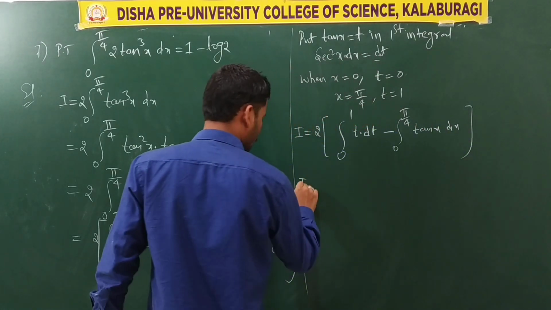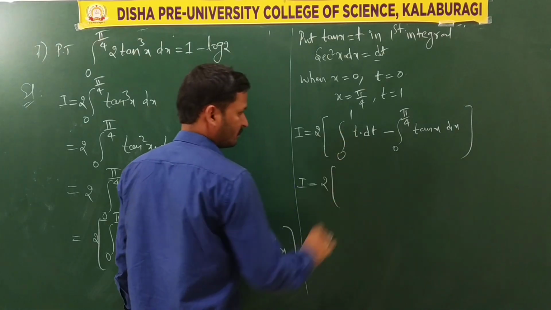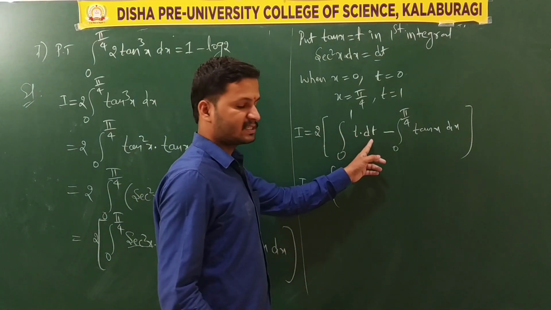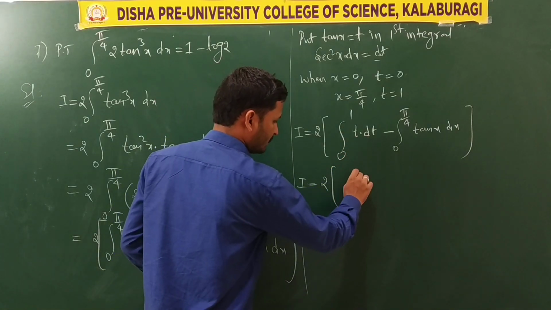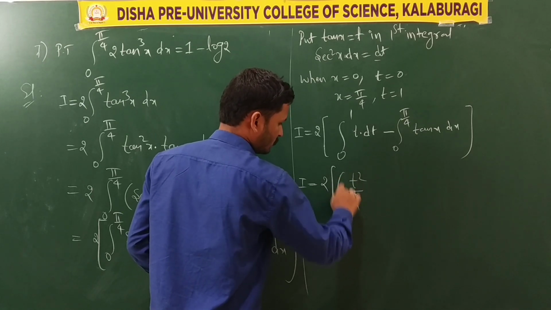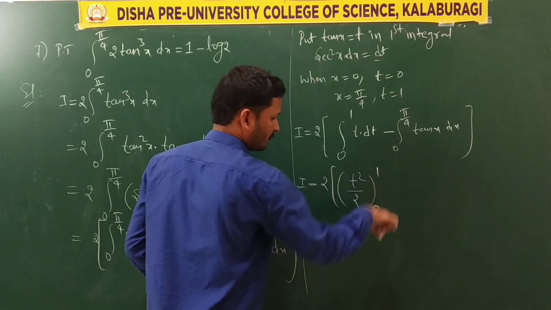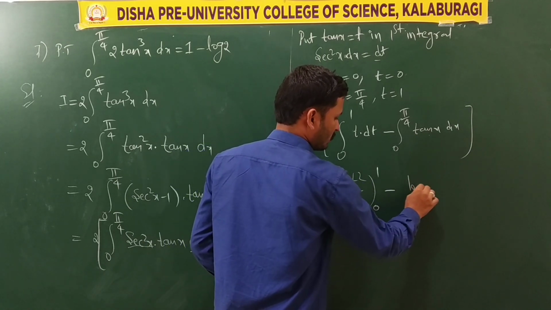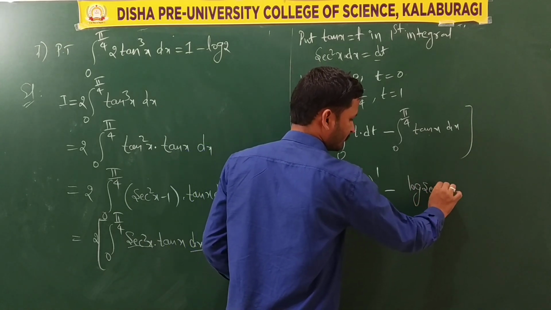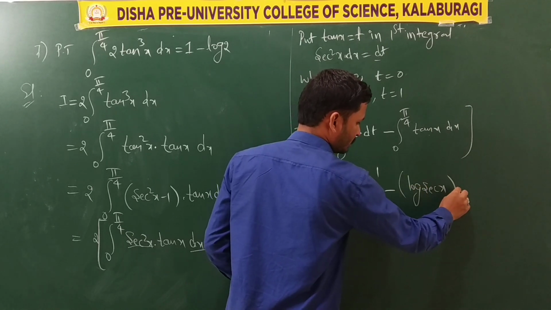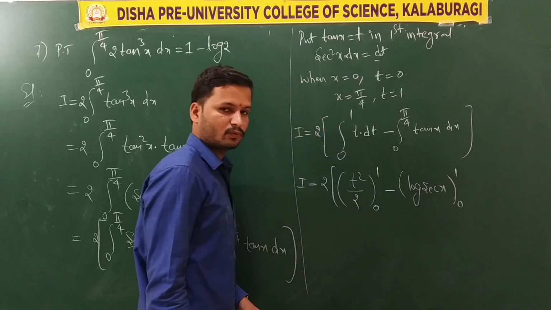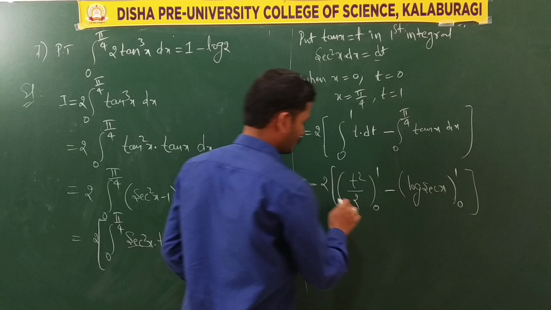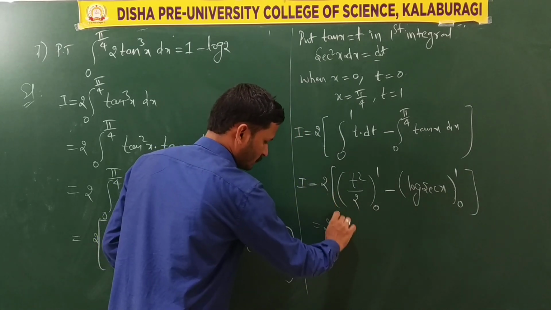Now the integral I is 2 times the integration of t with respect to t, which is t square by 2. Now the lower limit is 0 and the upper limit is 1, minus the integration of tan x, which is log of secant x, with lower limit 0 and upper limit pi by 4.